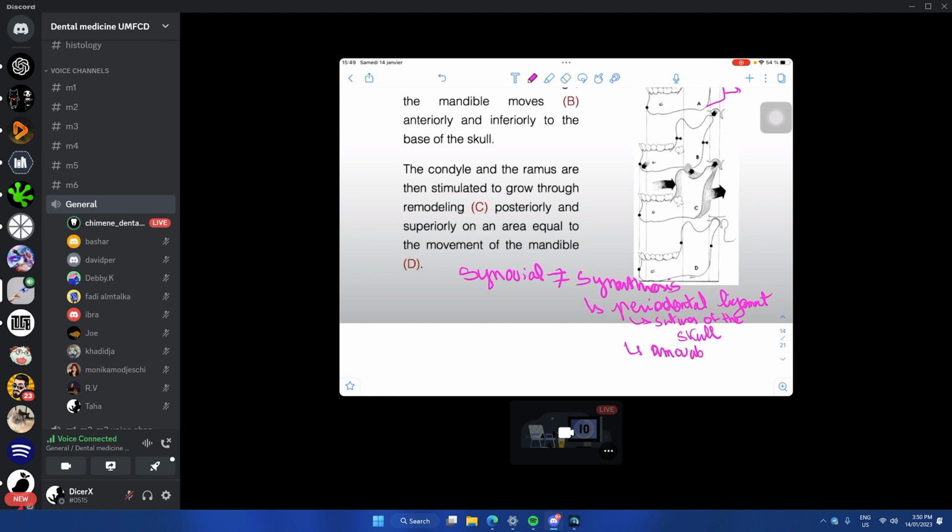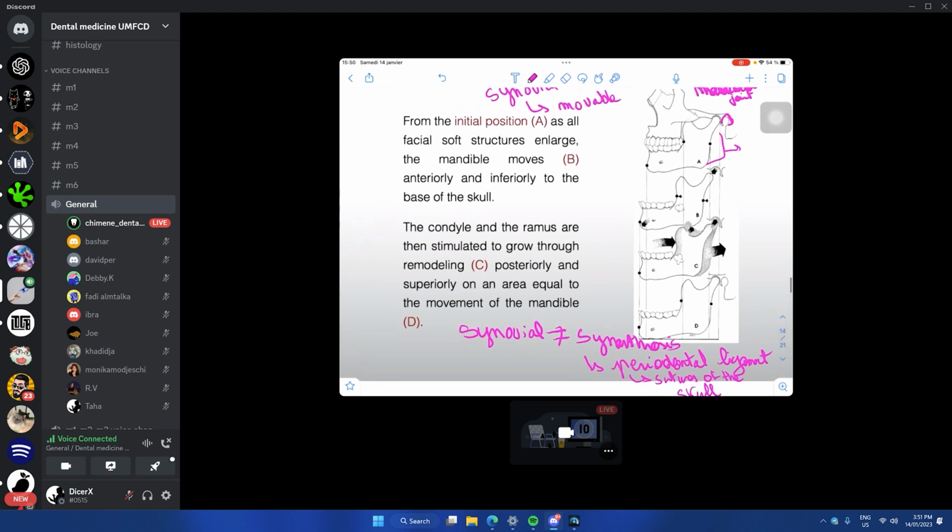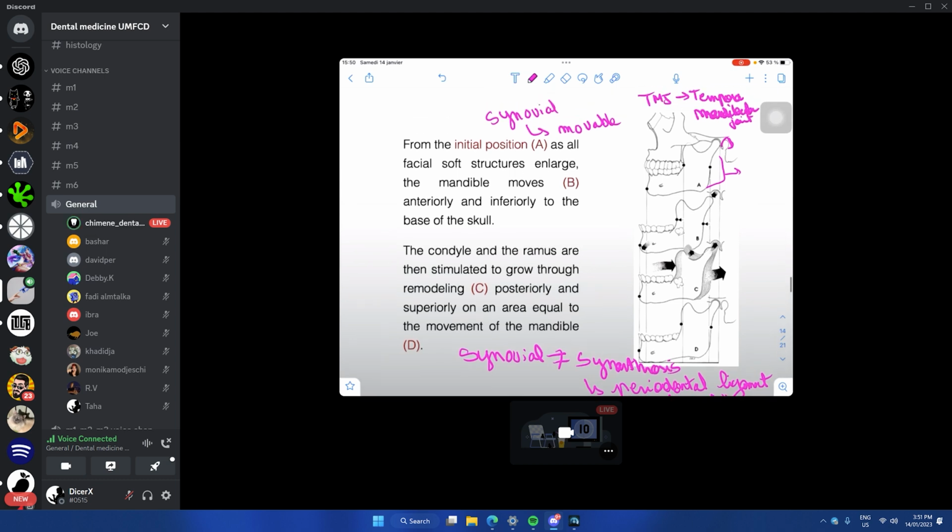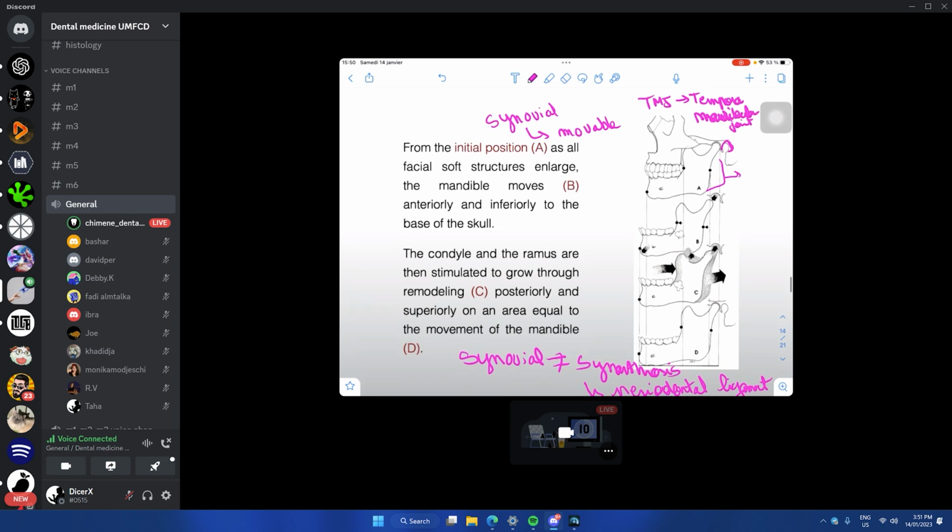Those joints, those articulations, you cannot move them. But the synovial ones are the most movable articulations, such as the knee, and also the temporomandibular joint, as you can see.